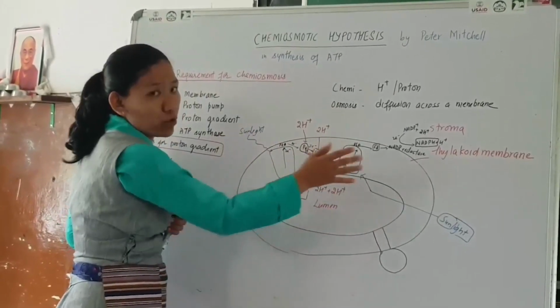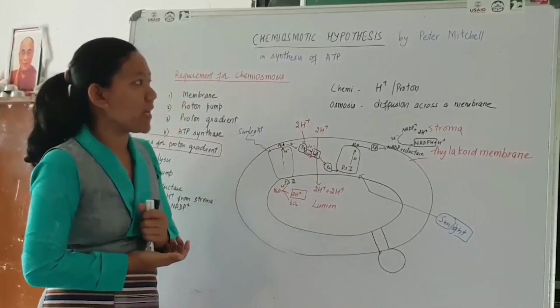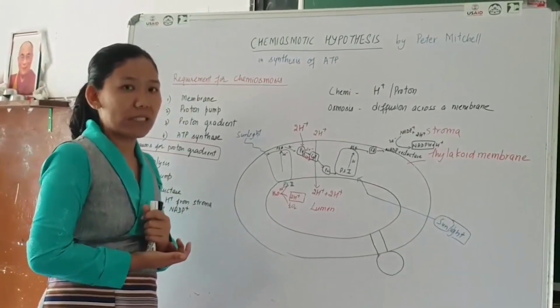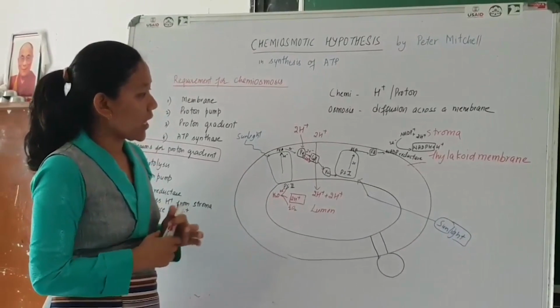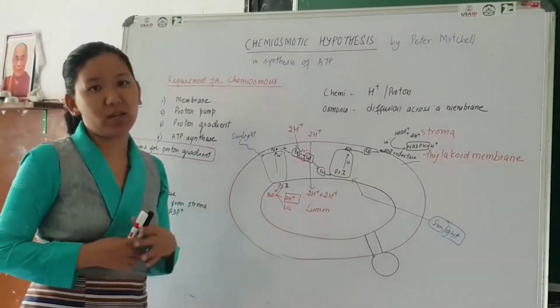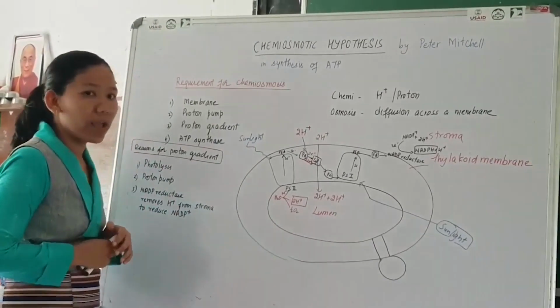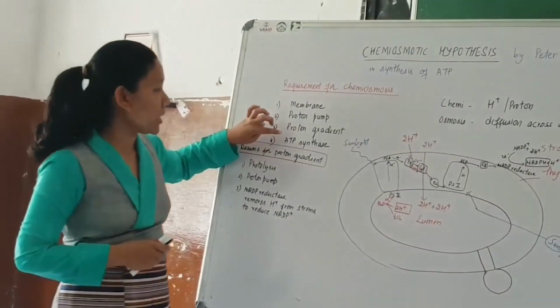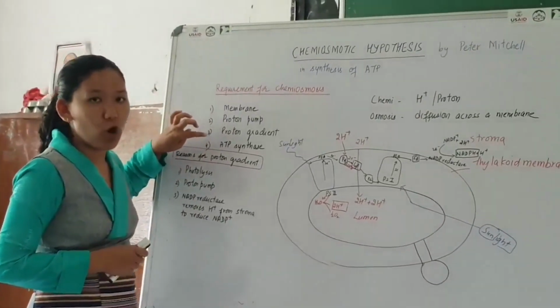It has to go out. Okay, and the movement is called diffusion. So here the diffusion of proton must take place, but it cannot move from anywhere as it wants. It needs a channel, and that channel is present in ATP synthase, or ATPase complex.